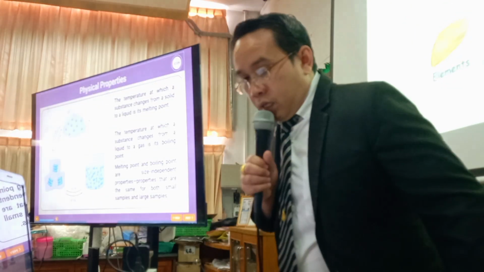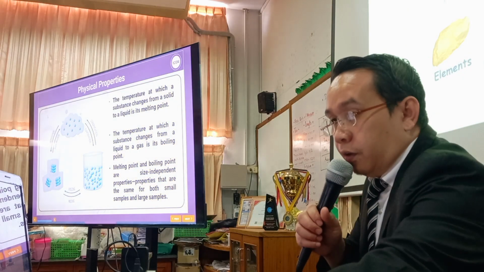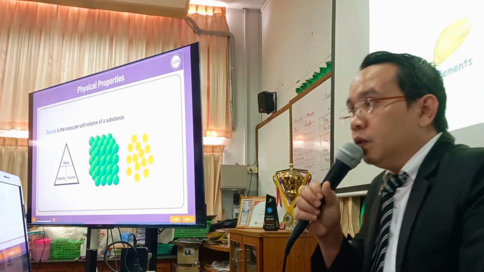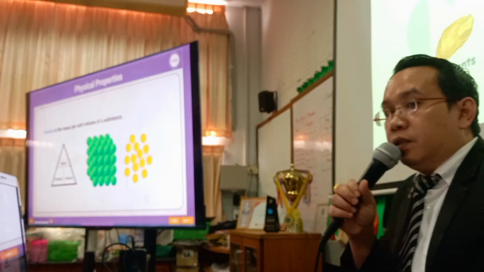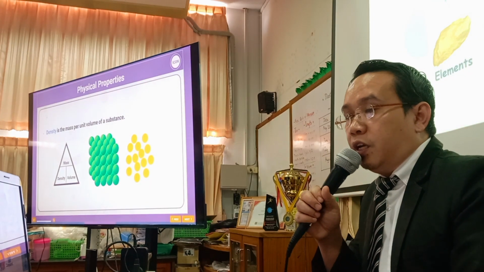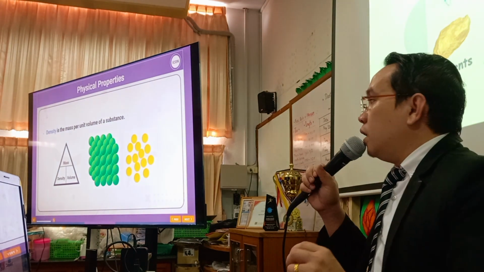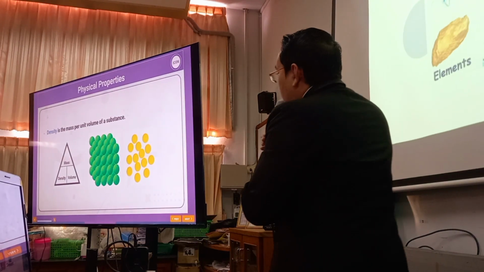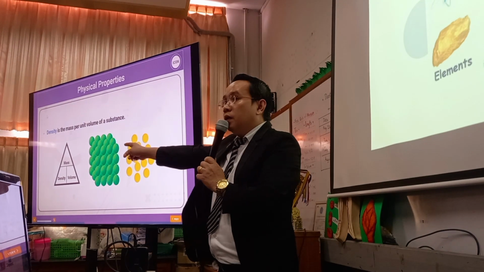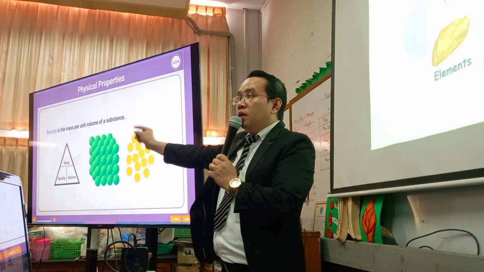Alright? So, in continuation, we also have to refer to density, which is the mass per unit volume of the substance. When we say density, we have to remember the core arrangement.